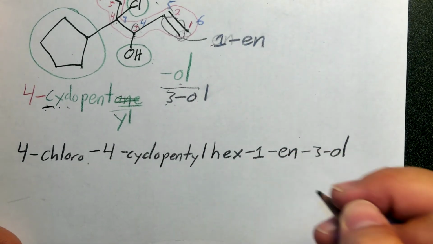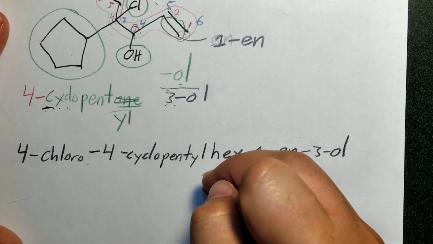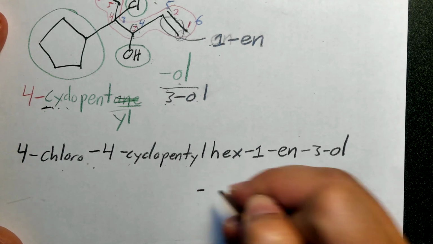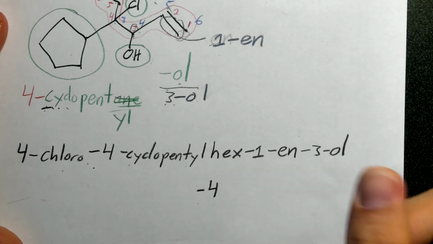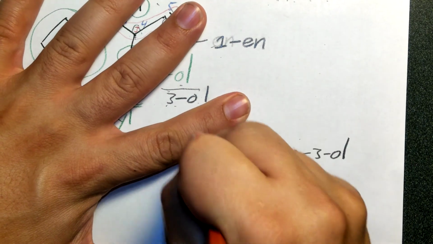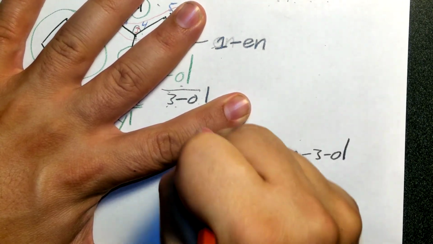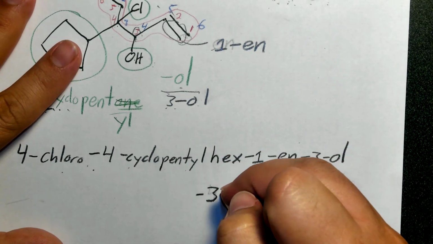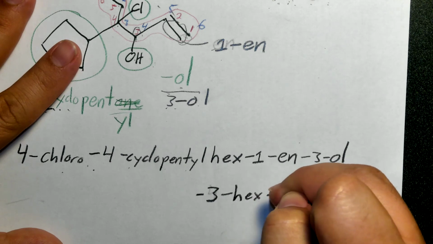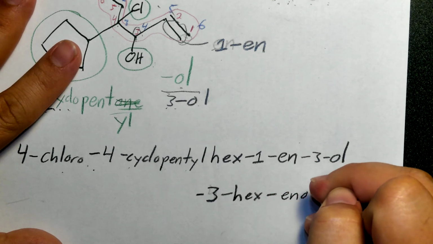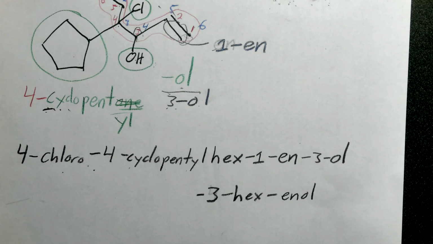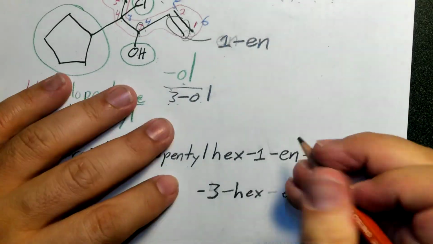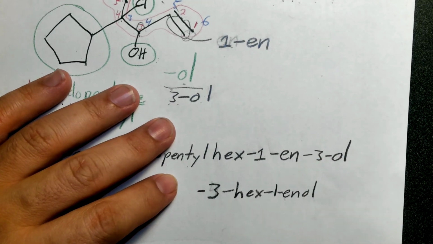Some people may write it as 4-chloro, 4-cyclopentyl, and then dash 3, not 4, excuse me, dash 3 hex 1 enol. Oops, I forgot a dash. I forgot what goes between the dash and the enol. Dash 1 dash enol.